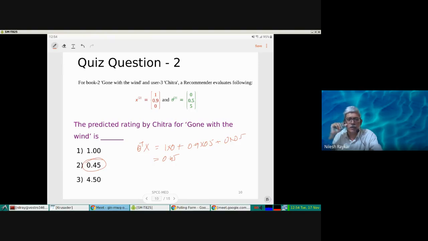So based on the user profile, whether the user likes romantic books or what, means the theta vector, the user parameter vector, where theta 1 corresponds to romantic books, theta 2 corresponds to fantasy books, they are collected by the bookshop.